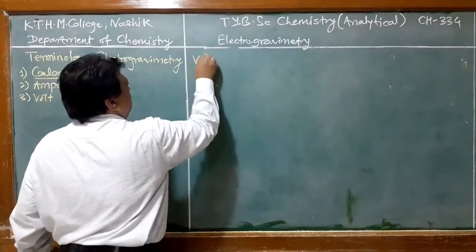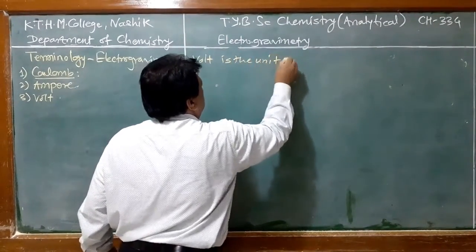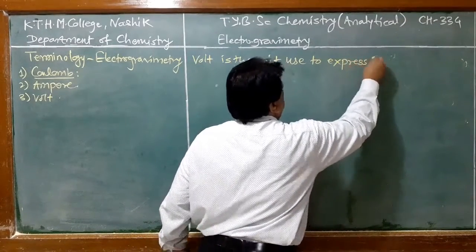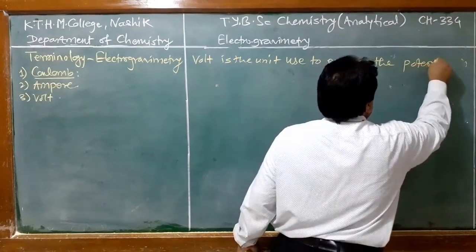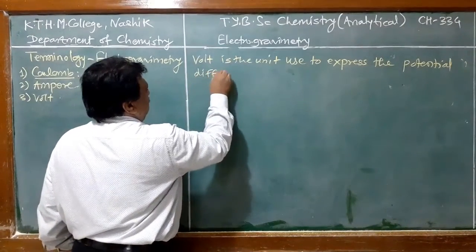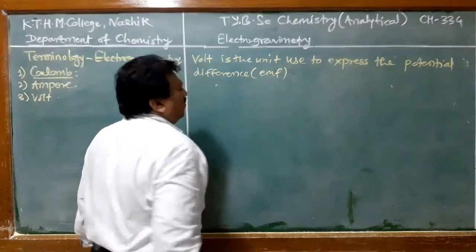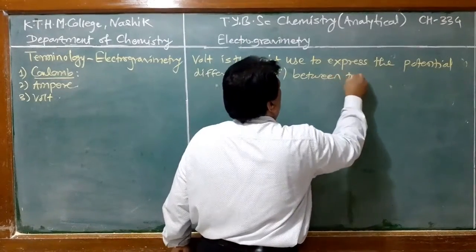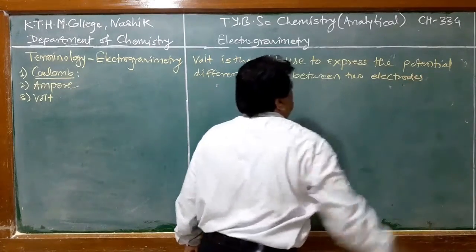Volt is the unit used to express the potential difference, or you may say EMF or electromotive force, between two electrodes or two terminals of the battery.